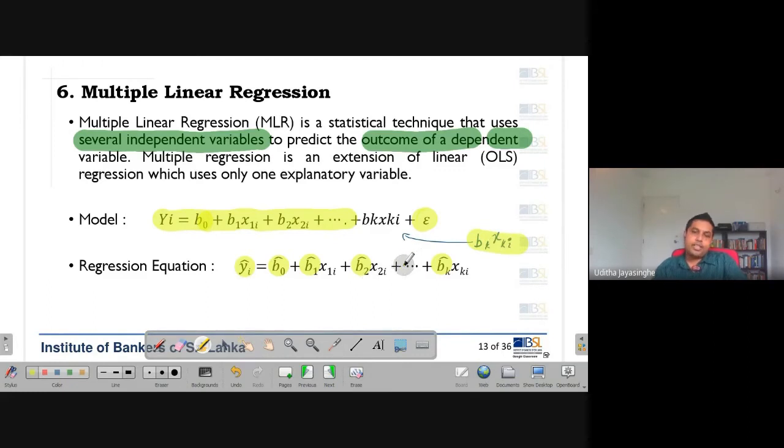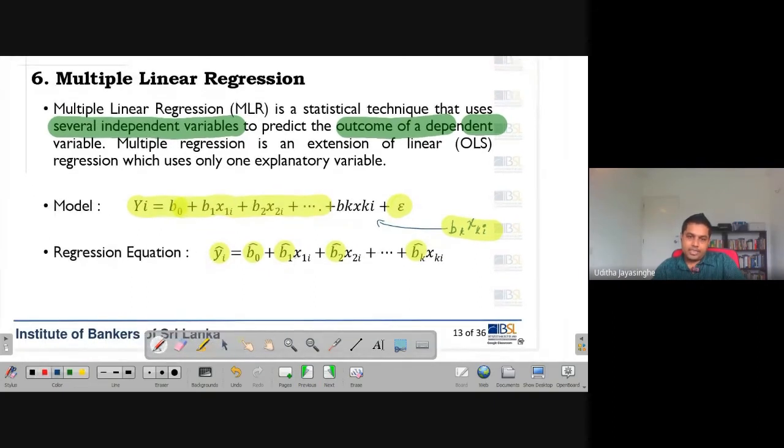So these individual x1, x2, xk, what are these? These are the multiple linear regression variables that are going to explain the y variable, x1, x2 up until xk.